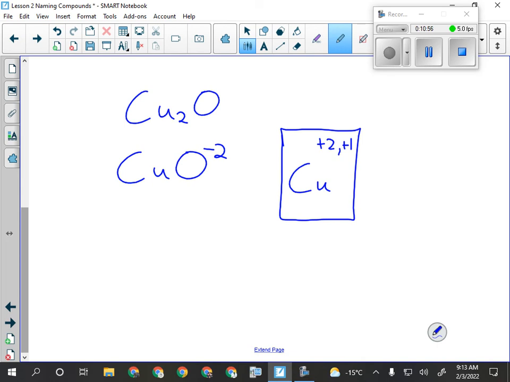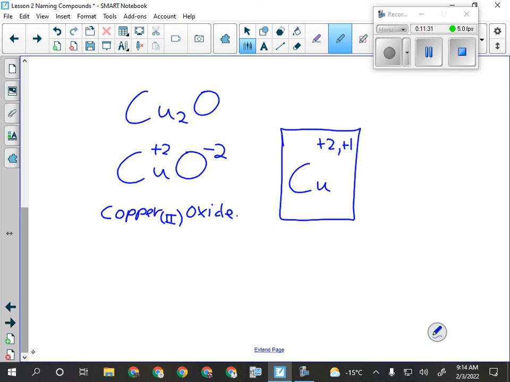The overall charge is supposed to be 0 because oxygen's going to take 2 electrons from whatever it's with. So, what charge does the copper have? +2. So all I've done is check which charge it has using the non-metal it's attached to. So this stuff would be written as copper, Roman numeral 2, oxide.